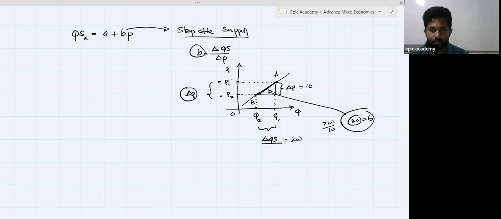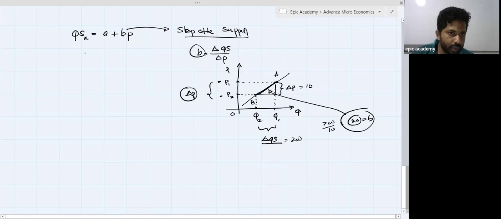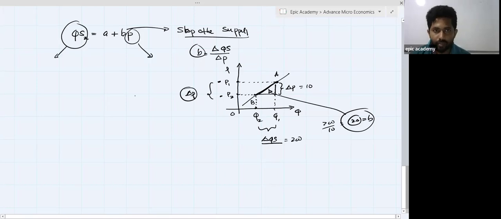Don't worry about that one; I will discuss supply elasticity after this section, one by one, like you already discussed demand elasticity. And QS represents the quantity supplied, and P represents a certain price.